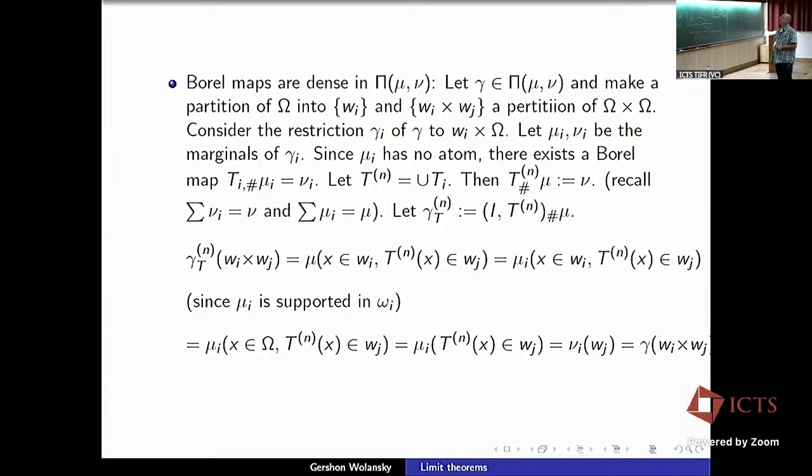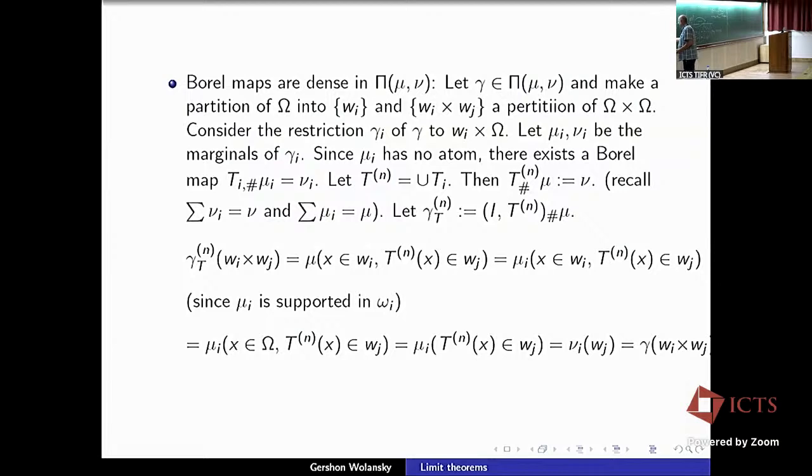Let's restrict gamma to the set Wi times omega, call it gamma i, and then mu i and nu i will be the marginals of gamma i. So mu i will be just the marginal of mu, right? But nu i is the marginal of this gamma i, which is, let me sketch this to make it clear.